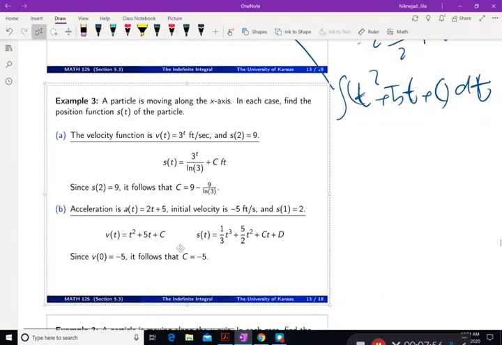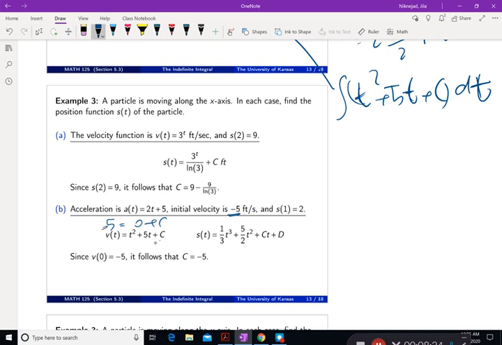So if I plug in the values for v, initial velocity v at 0 equal to negative 5, plug in 0 in here, and for output you get 5. So it would be 5 equal to 0 plus c, which is going to give me, oh sorry, the initial velocity is negative 5.